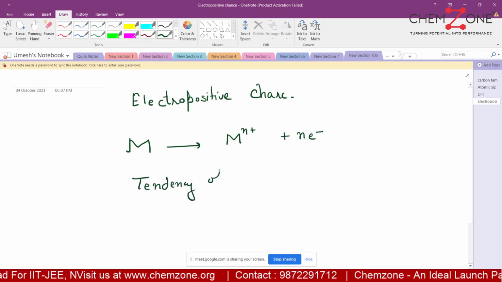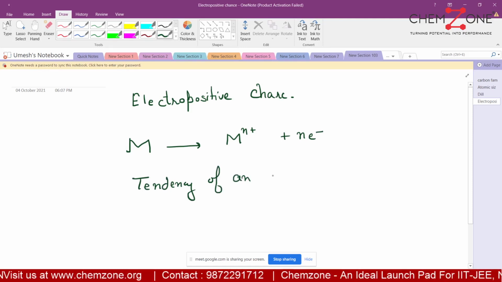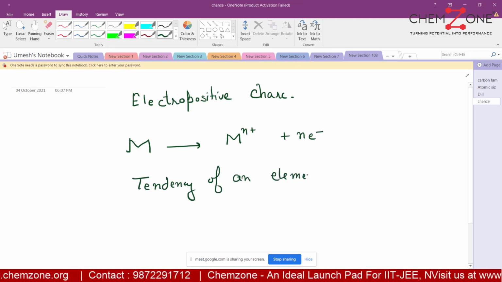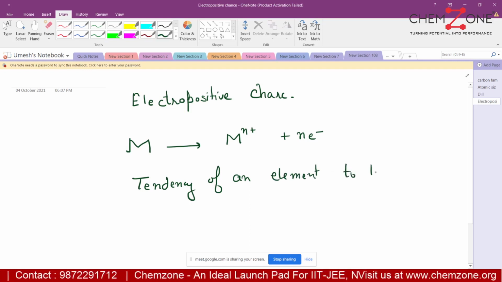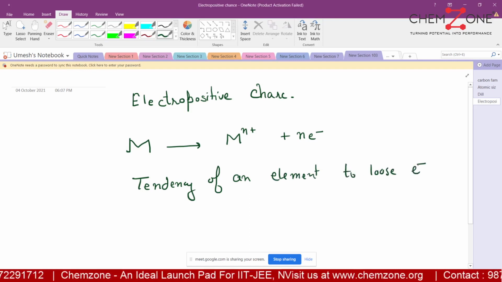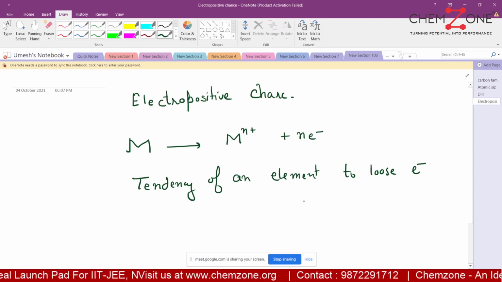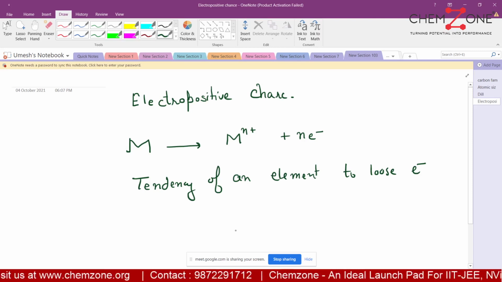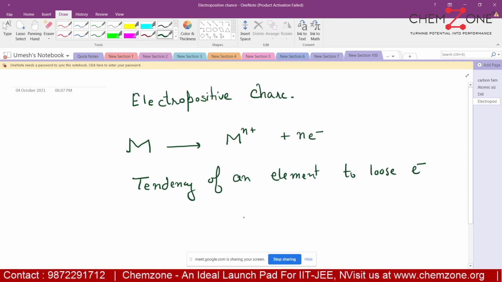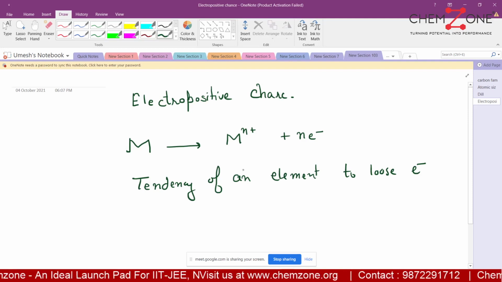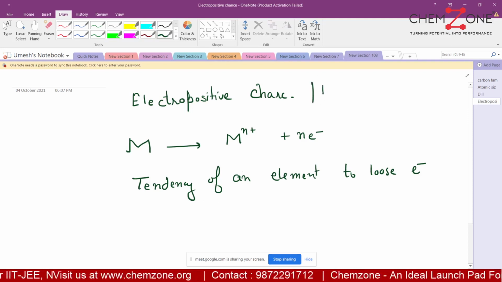The tendency to lose electrons is called electropositive character. So, how easily it gives electrons will be the electropositive character, and it is also called metallic character.